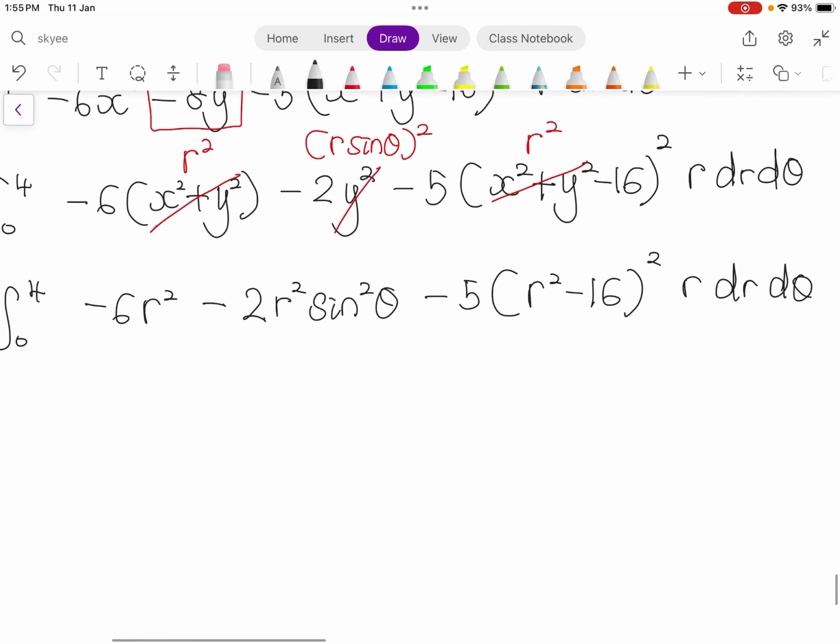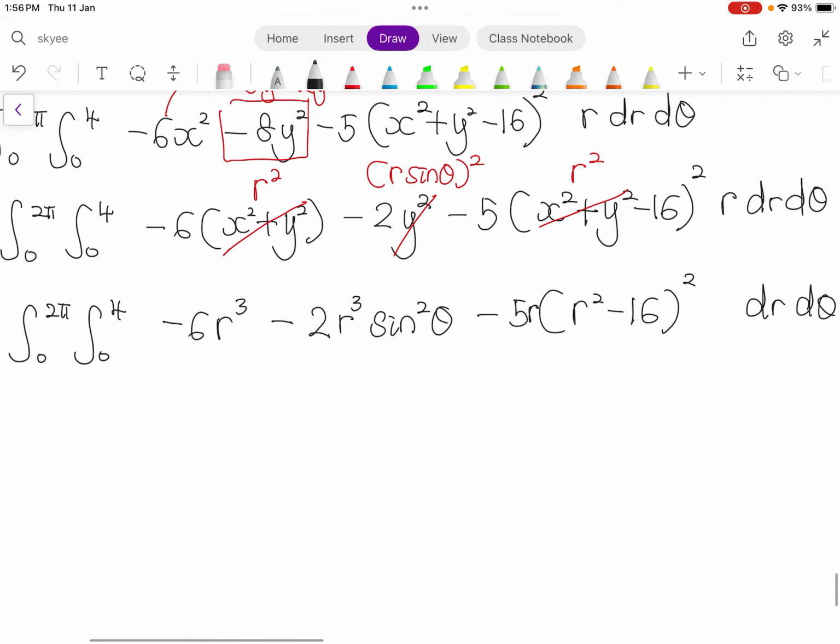Maybe you want to multiply the r into it, so I can take the r inside, so it becomes 5r, this one becomes r to the power 3, and this one becomes r to the power 3 as well.